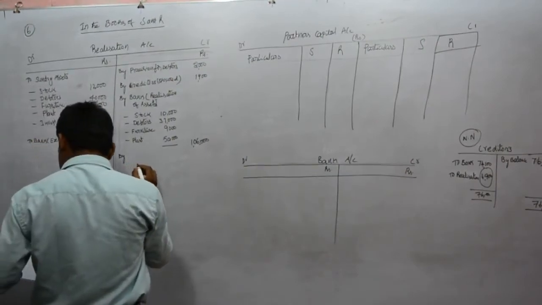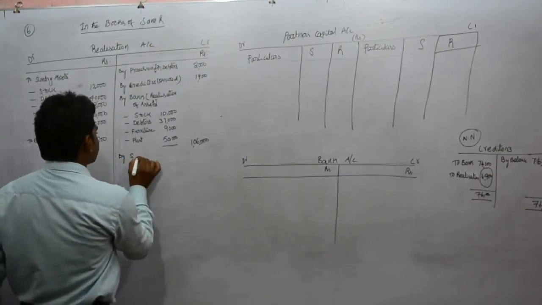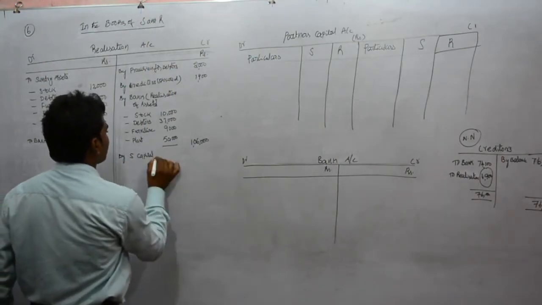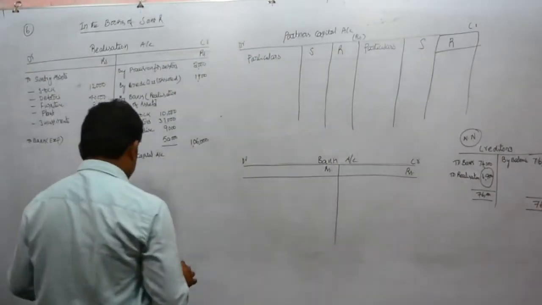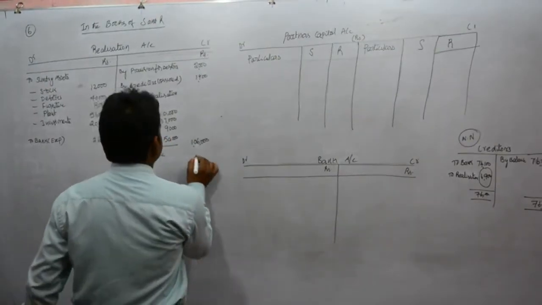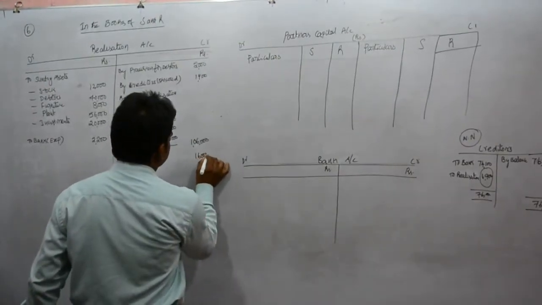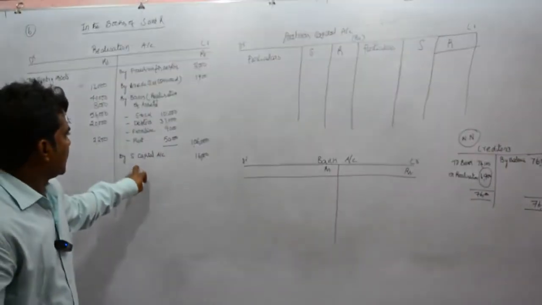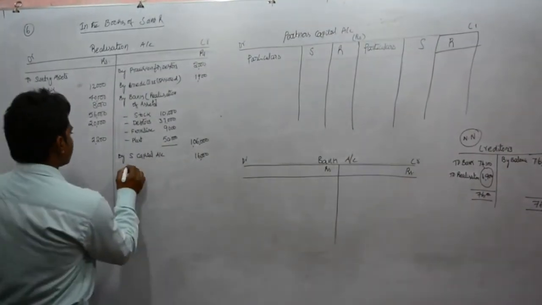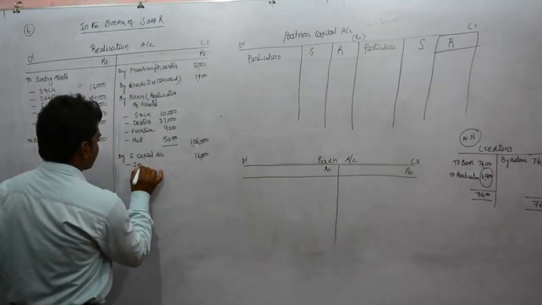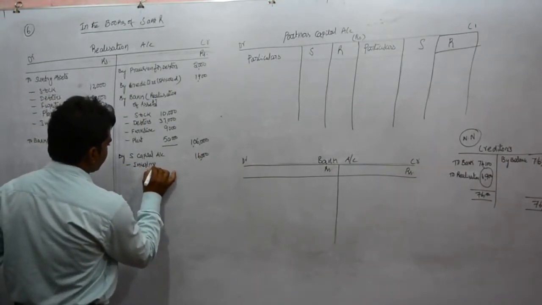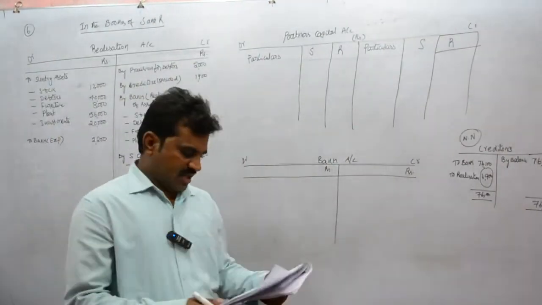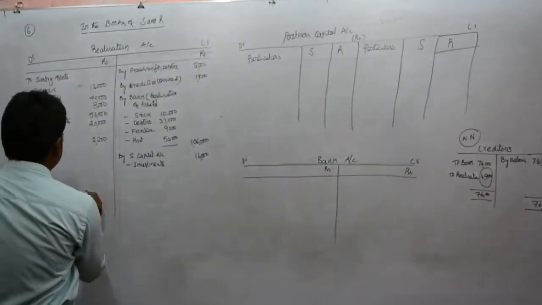Therefore, S capital account for a value of 16,000, assets taken over, investments taken over. Okay, now we have posted all the entries.